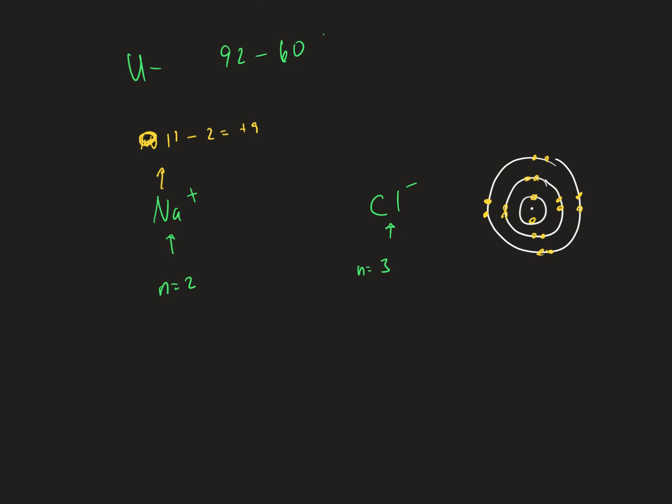You with me? Okay, so if we find its effective nuclear charge, what's the nuclear charge of chlorine? 17. It still has 17 protons, minus the shielding electrons. These ones right here, everything but the valence electrons. 10. What is it? Still positive 7.